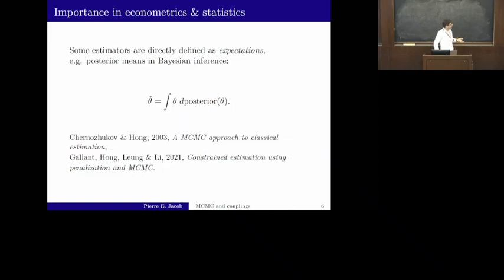So there are also estimates that are directly defined as expectations. Typically in Bayesian inference, if you're familiar with Bayesian statistics, you would put a prior distribution on the parameter space. So the parameter now is a random variable. A prior distribution typically is a way of incorporating some information that you have prior to the data into the problem.